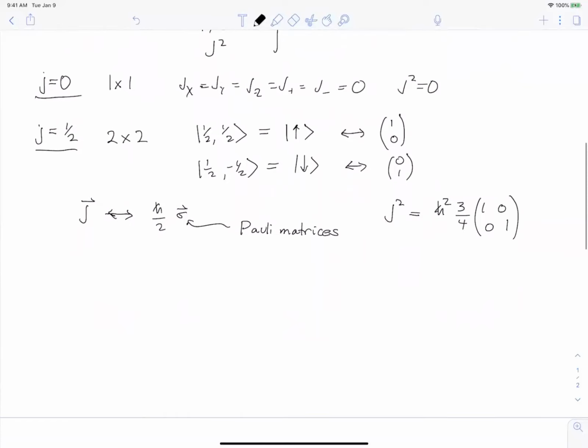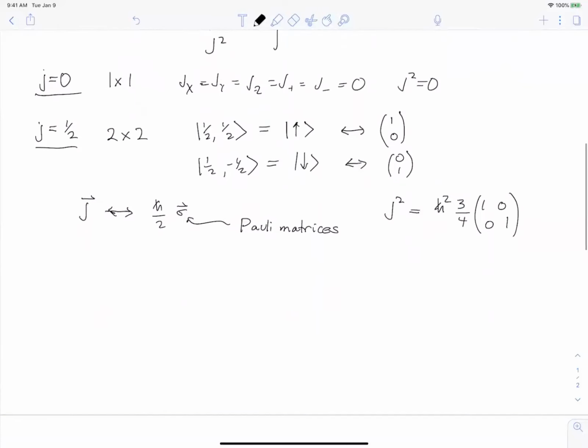Okay, so now let's graduate to the case of J equals 1. So we're looking at a J equals 1 subspace. Whatever our physical theory is, it may have other values of J as well, but we're just restricting to this one subspace.